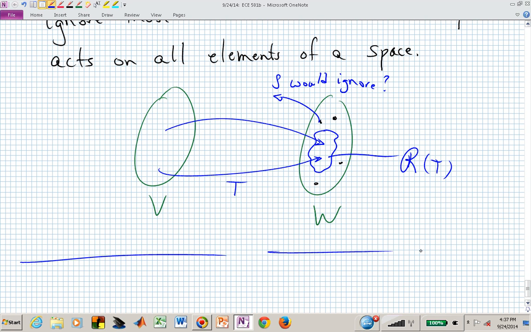Our maps have to take all of the vectors in our domain. So an S that allows for that ignoring of those unmapped vectors does not exist.